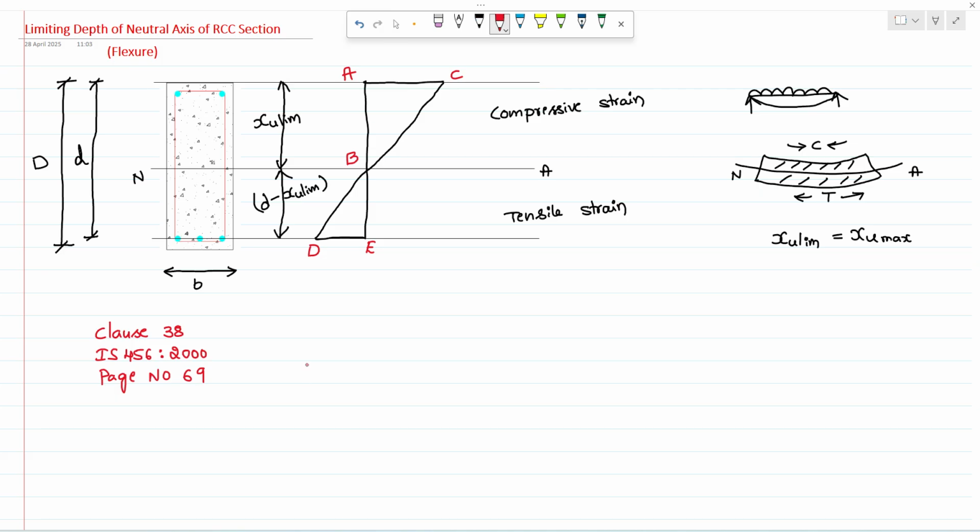So this maximum strain in compression can be taken as 0.0035.